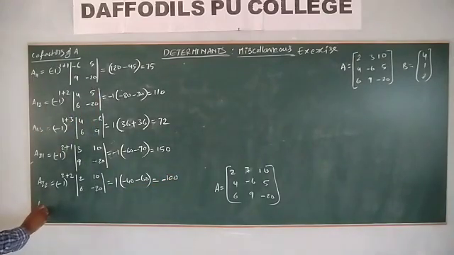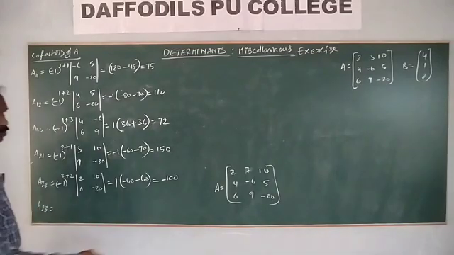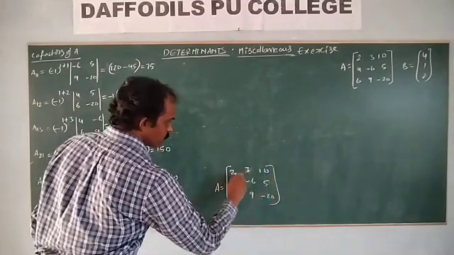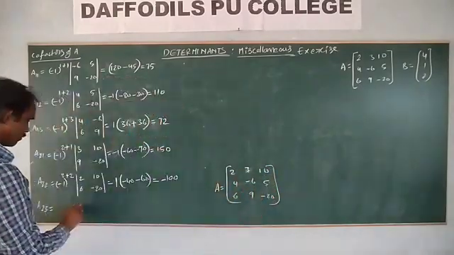Next one. A23 means this one, deleting this row and this column, leaving 2, 3, 6, 9.